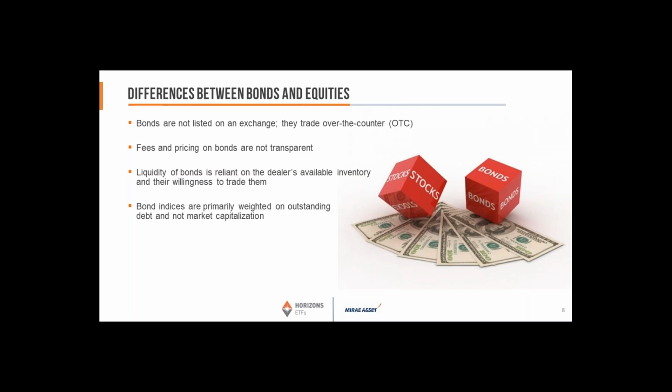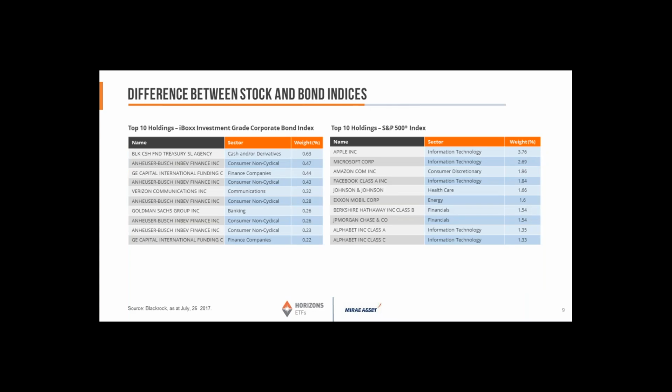What I want to highlight, though, is that bonds and equities trade differently. ETFs themselves don't trade differently. An equity ETF and a bond ETF trade effectively the same, but the underlying securities that they hold trade differently. And the big difference here is that bonds trade what we call over-the-counter. That is, they're not listed in a transparent way on a stock exchange.